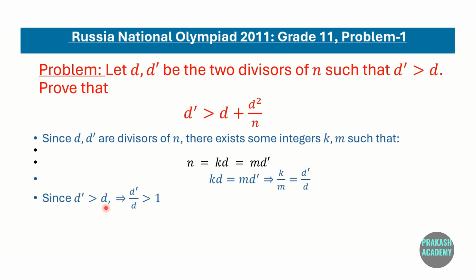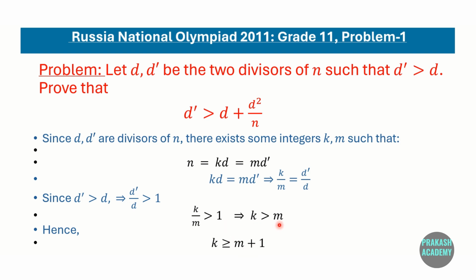So d dash by d is greater than 1, this means k by m is greater than 1. So k is greater than m, because I can multiply m this side, and k and m are positive integers, because they are related to the divisors. So k is greater than m.